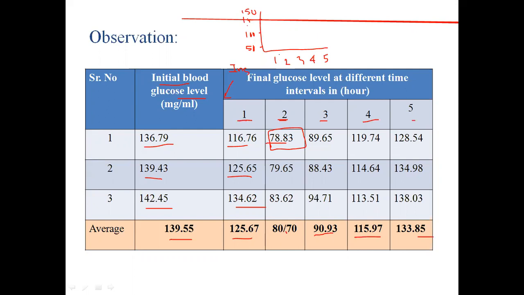Then you can plot these averages. The first one is this one, the second one, 78, is at this point, then again 90, then 115 and then 113. So the graph will come like this. The maximum effect is observed at 2 hours, not 2 o'clock, at 2 hours there will be maximum reduction in blood glucose level.